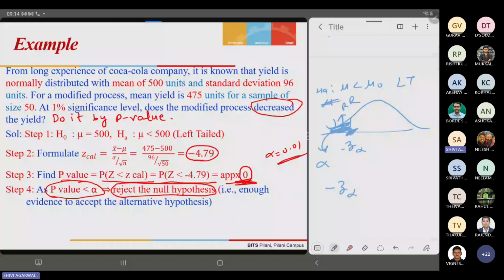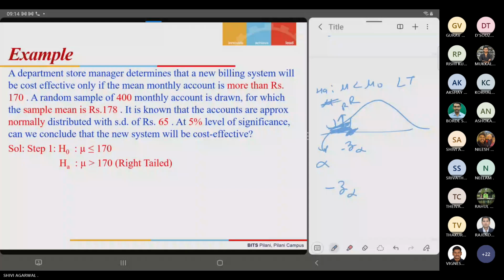Another example. The same example we have done to define the null and alternate hypothesis. A department store manager determines a new billing system will be cost effective.